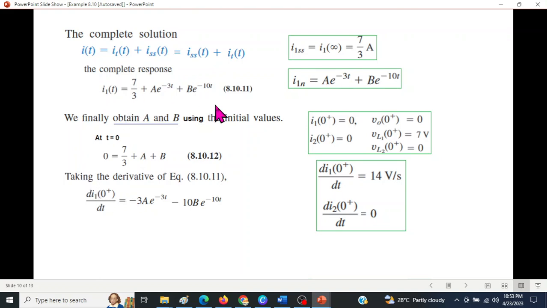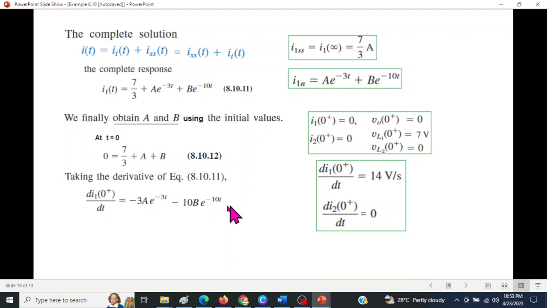And these values we have already calculated, which we will use in the differentiation. So taking the derivative of this, di/dt, and this constant will become 0. From here we'll get negative 3A e raised to the power minus 3t, and negative 10B e raised to the power minus 10t.